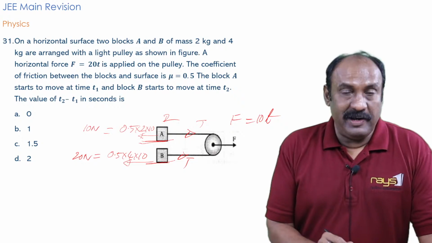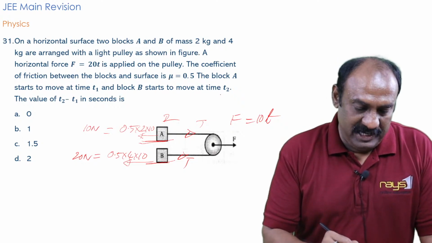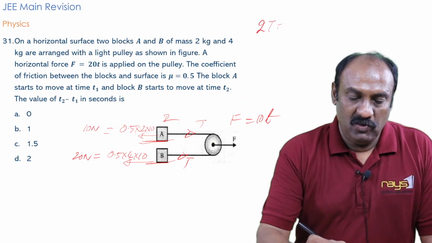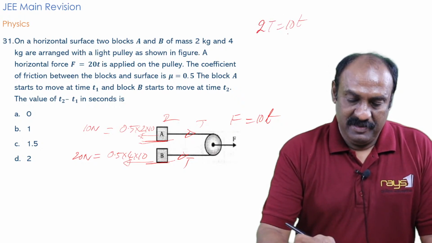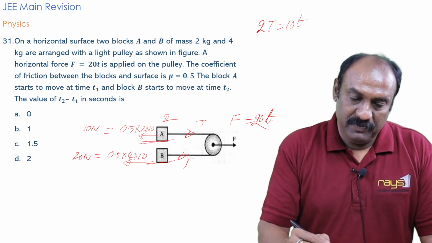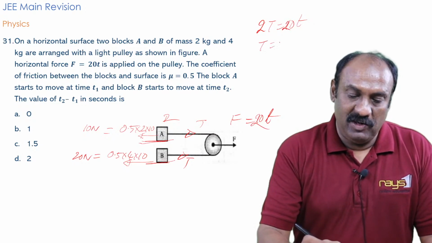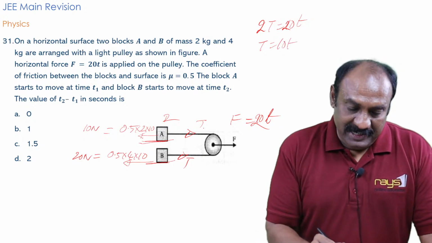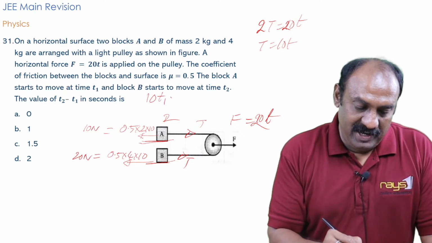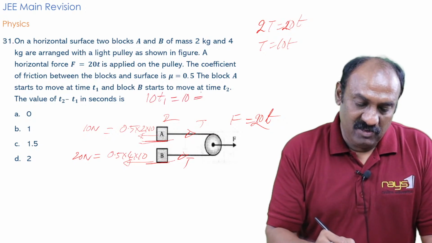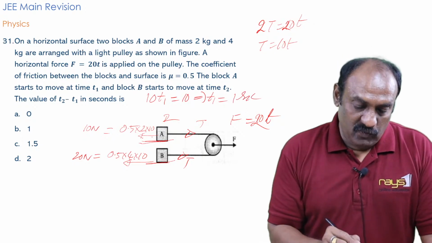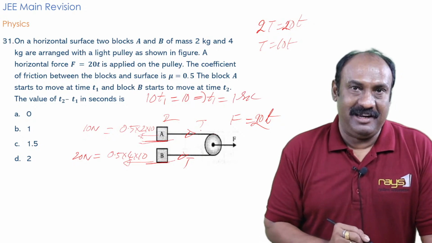So T plus T, 2T, equals 20t, sorry, it is 20t. From this, T equals 10t. This 10t is equated to limiting friction in the first block. So 10 t1 is equal to 10 Newton. From this, t1 is equal to 1 second. So after 1 second it begins to move with certain acceleration.